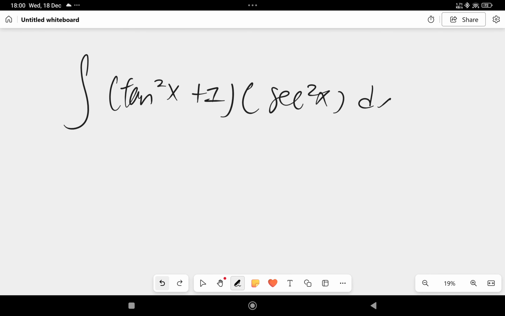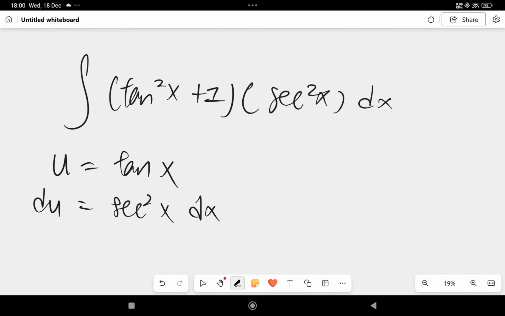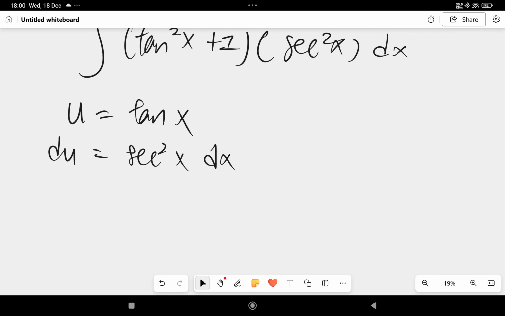Let me show you how. We let u equal tangent x and take the derivative of both sides. So du equals secant squared x dx. If we're working in the u world, we have to find dx.